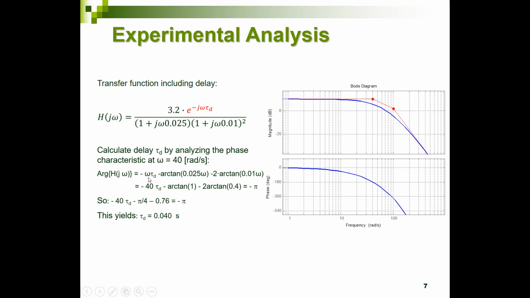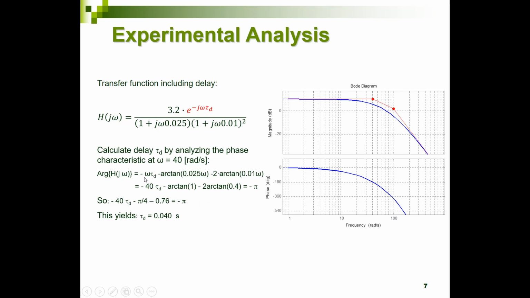We have chosen omega as 40 radians per second, so we fill that in for every omega in this expression, and then that phase should be equal to minus 180 degrees calculated back to radians, so minus pi radians.